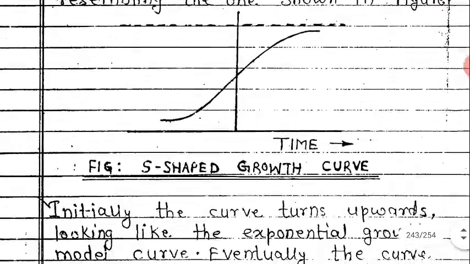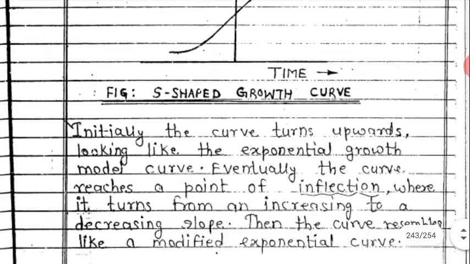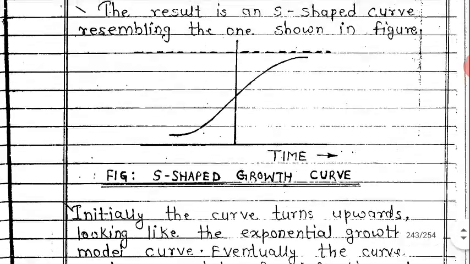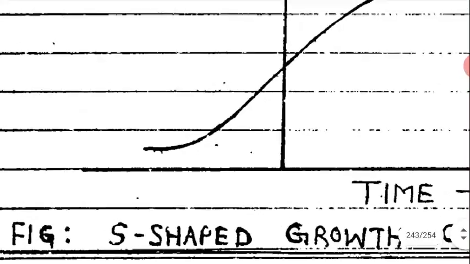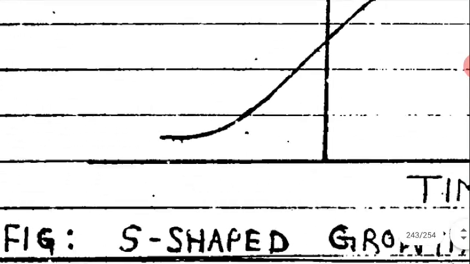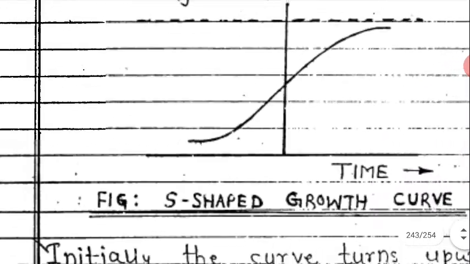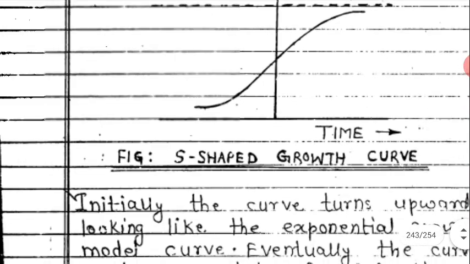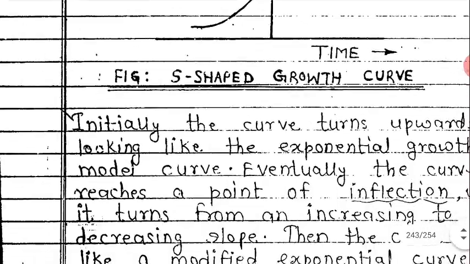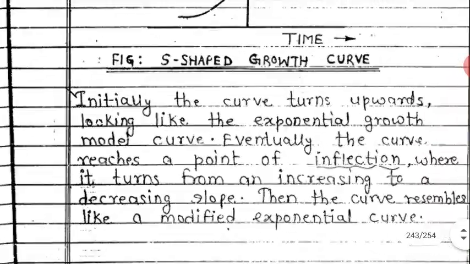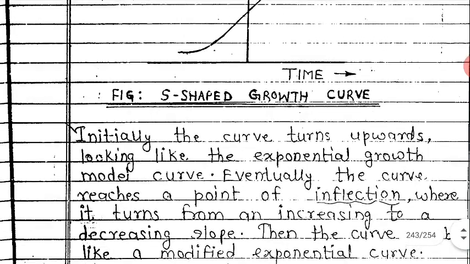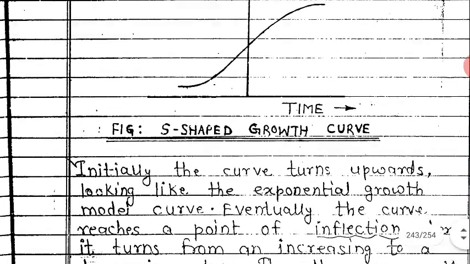curve. So here we can see the curve turns upward, looking like exponential growth up to this point, that is the crossing point of the vertical line and this curve, and it is called the point of inflection, where it turns from increasing to decreasing slope.